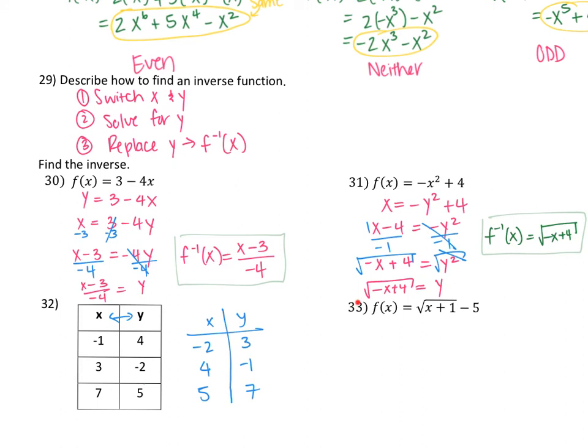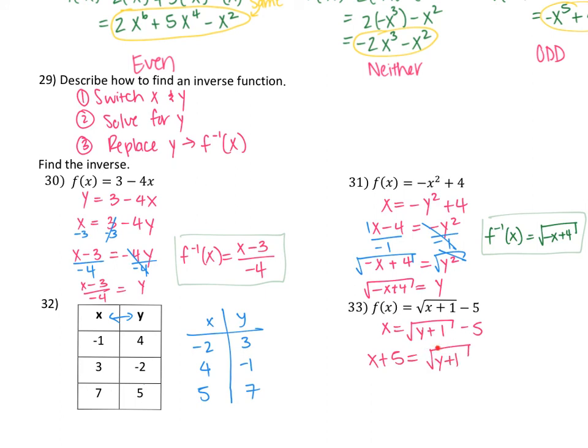All right, for 33, our last problem, again, you want to switch the x and y's. So you have an equation here, so you have to switch the x and y's. So y is now inside the root. And to solve, you're going to need to bring the 5 over first, because it's the furthest thing away. So this is going to look like x plus 5 equals square root of y plus 1.